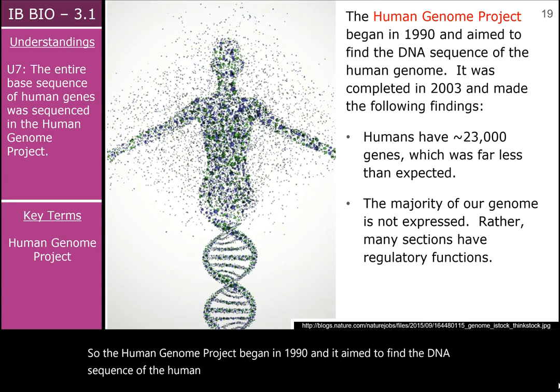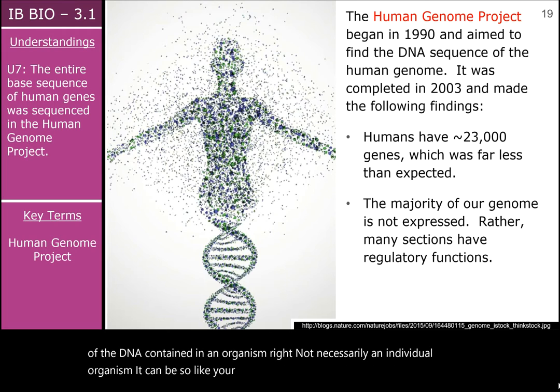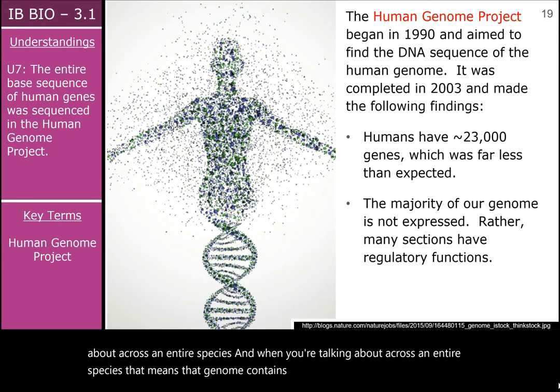So a minute ago, I said that a genome was all of the DNA contained in an organism, right? Not necessarily an individual organism. It can be, so like your genome, right? But most of the time we talk about across an entire species. And when you're talking about across an entire species, that means that genome contains all versions of all genes in that species.